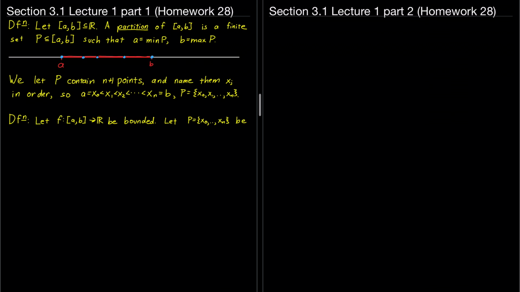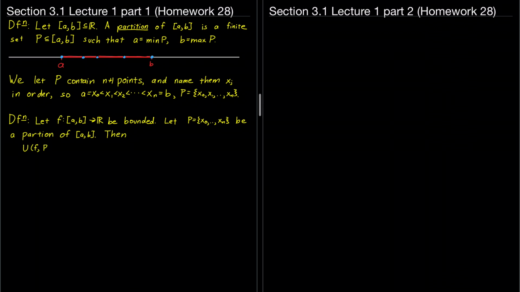And let's pick some partition as defined above. Then the upper and lower Darboux sums of f over the partition P, they're written like this.